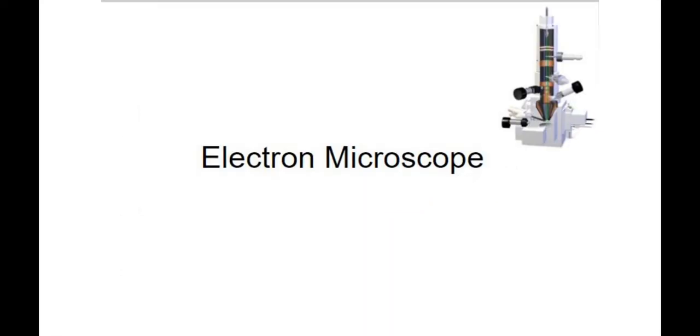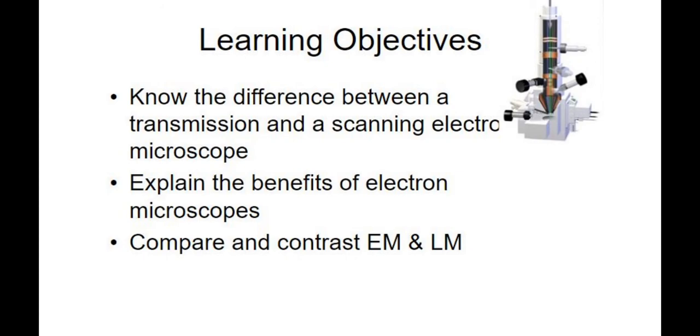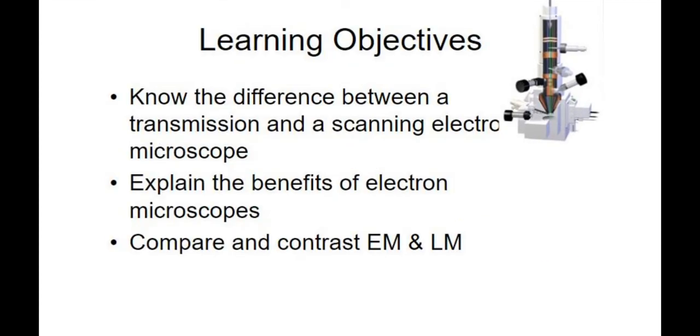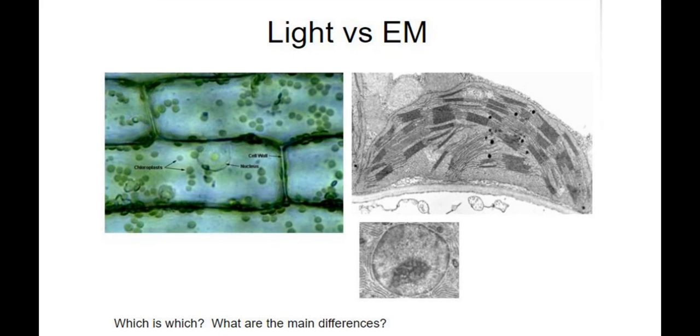We can talk a little bit about the electron microscope, even if it is not related to optics. We need some information about how the electron microscope works. First, we have to understand that there are two types of electron microscope. Again, what is the difference?